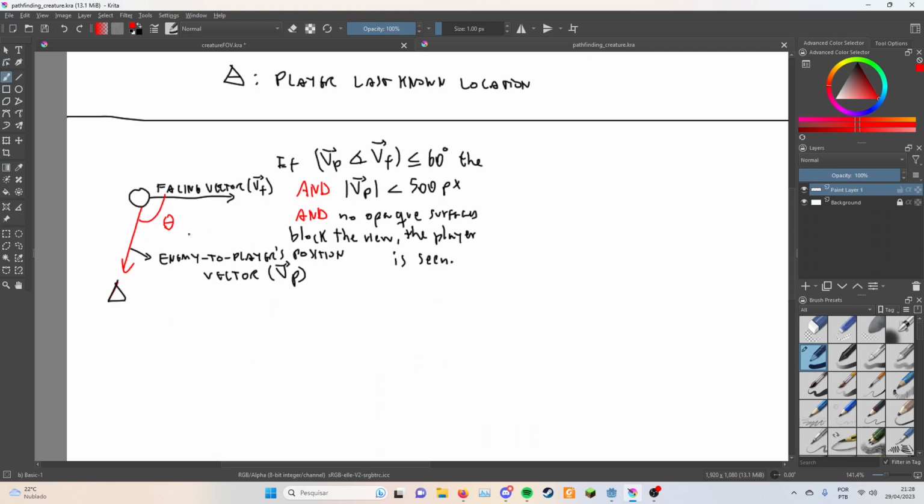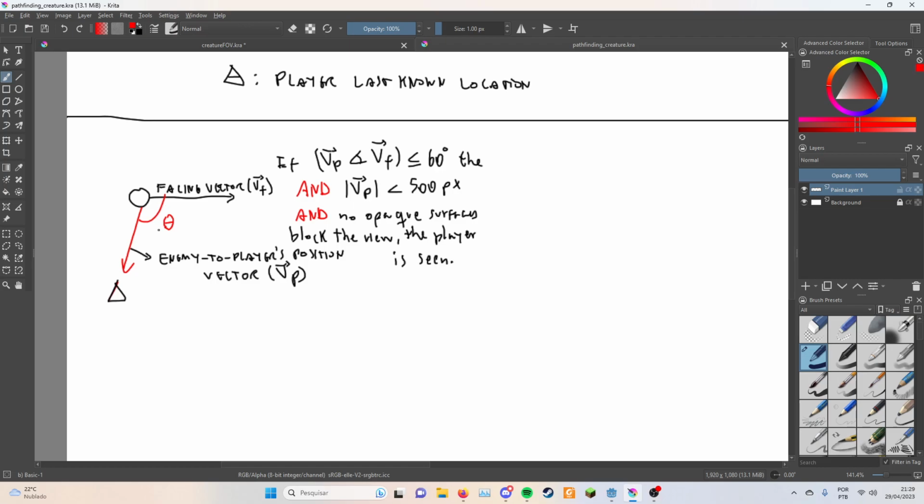It will always demark the front face of the enemy, but this red one would change because it would always point to the player. And the thing is, I could do the field of view simply: since it's 60 degrees to each side, summing up to 120, as long as the angle here is equal or below 60 degrees, it means that the player is within the field of view.